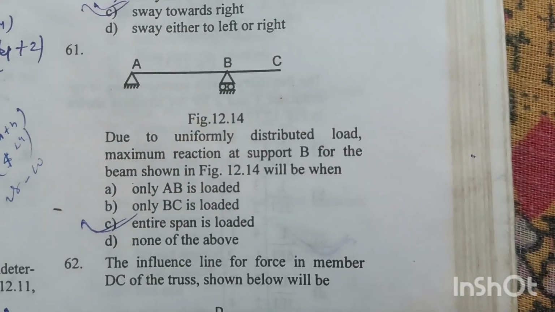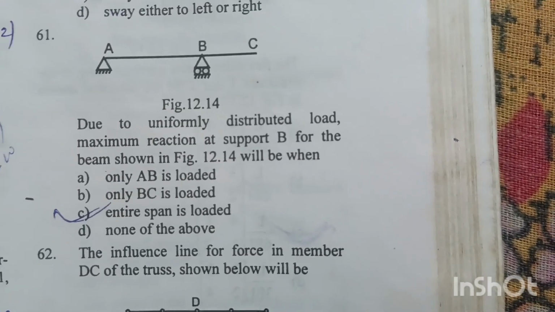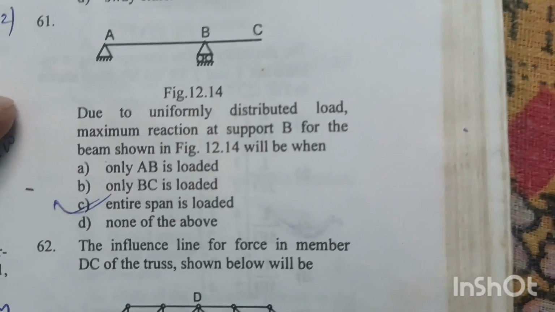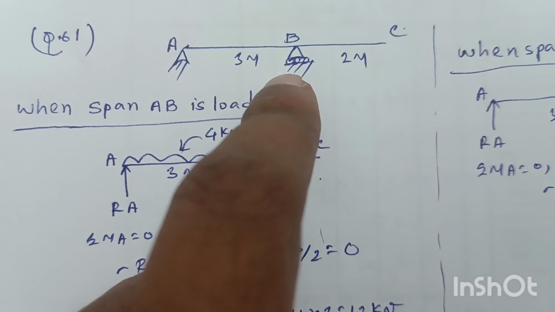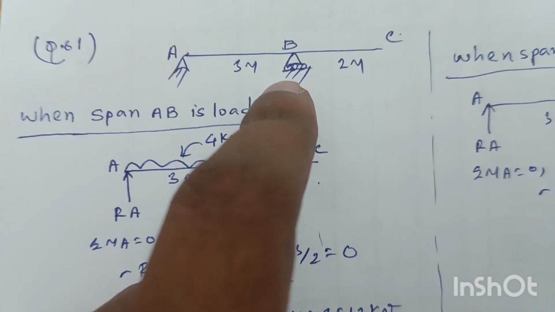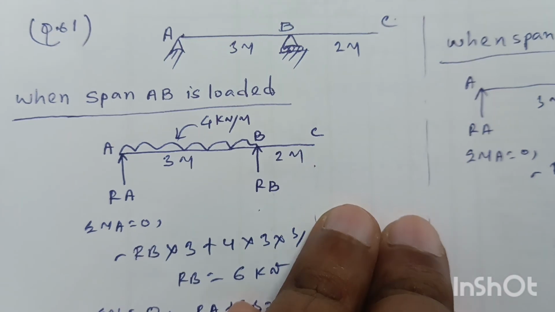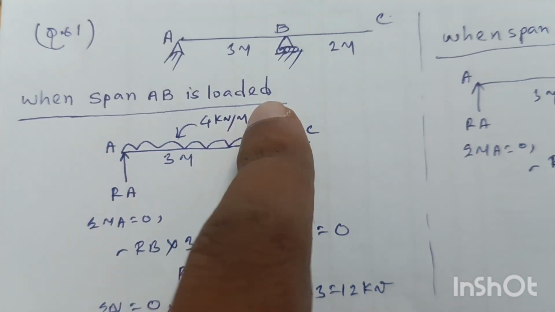Question number 61. Due to a uniformly distributed load, the maximum reaction at support B for the beam shown in figure 12.14 will be when? For this beam we have to determine the loading condition when the reaction at B will be maximum. So let's calculate, and determine when span AB is loaded.